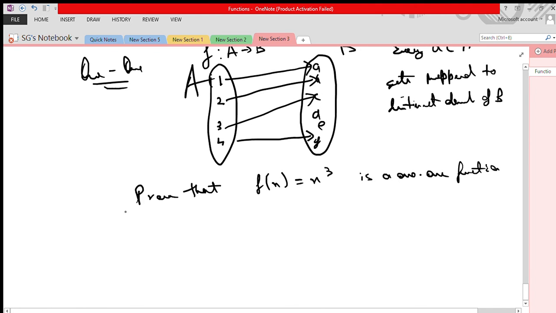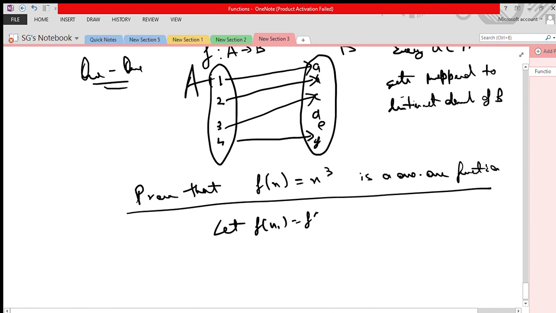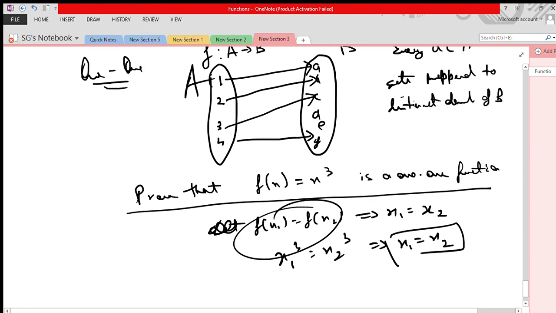We actually show that in a one-one function, f(x1) equals f(x2) implies x1 equals x2. That is, only one particular x1 element can have a given image. So you just need to show this, which is pretty easy. x1 cube equals x2 cube, raising both to the power of 1 over 3, we get x1 equals x2.